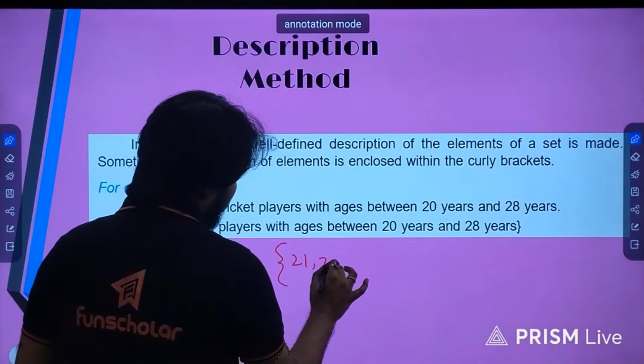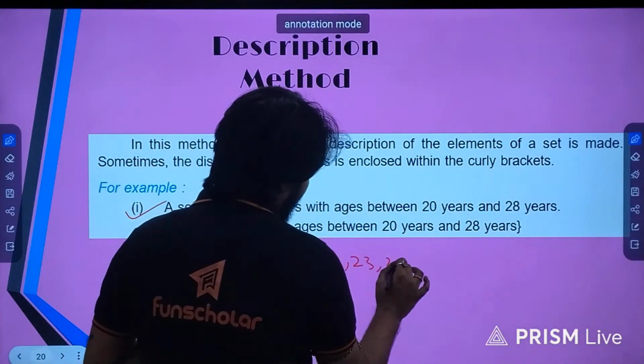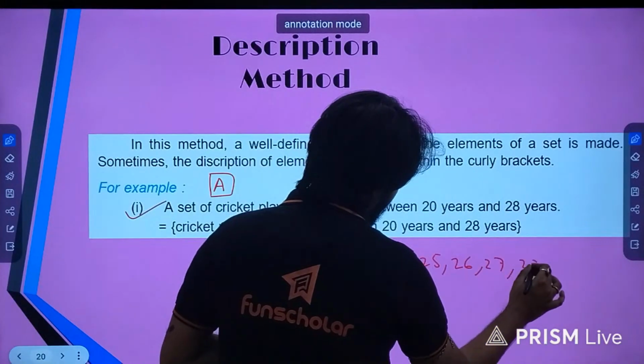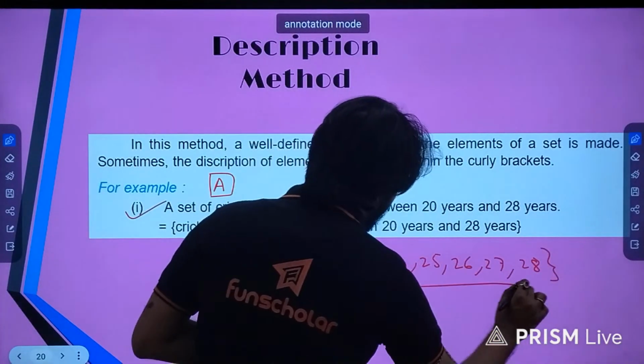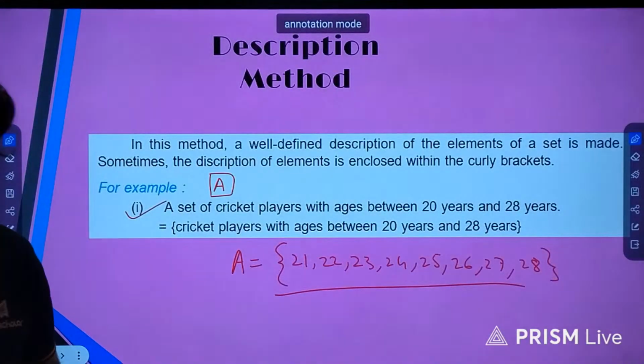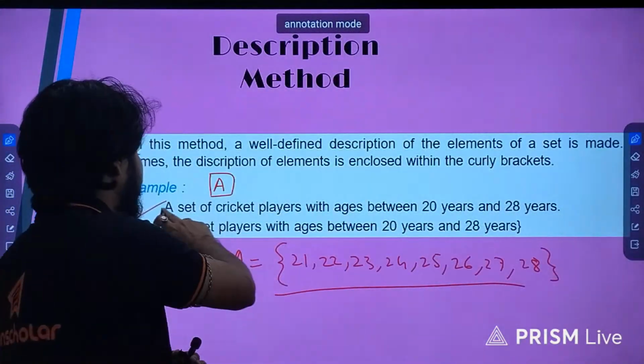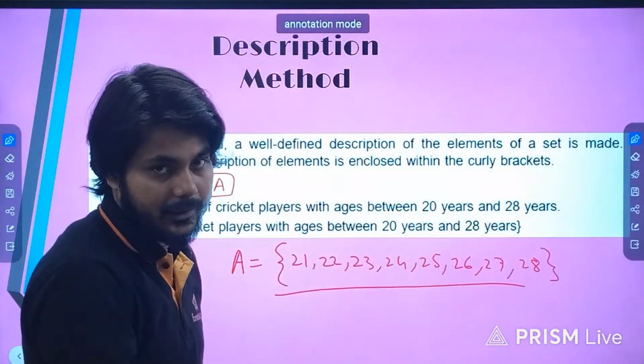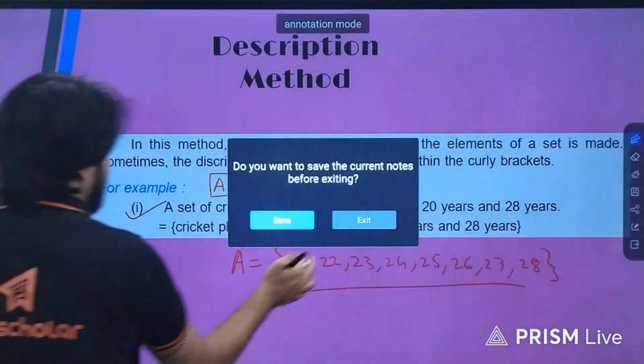So 21, 22, 23, 24, 25, 26, 27, 28. Just close the curly brackets and here you are. You have completed writing the set in the roster method or the tabular method. Very good.